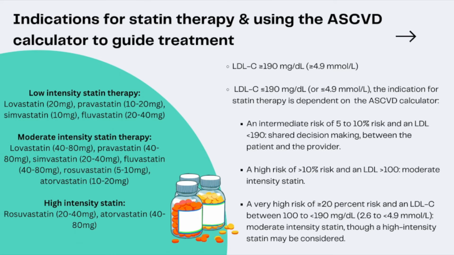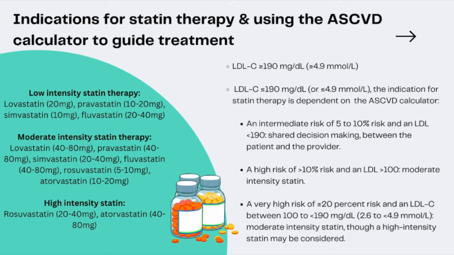So in addition to collecting that lipid panel, which we talked about, we also calculate our patient's risk for a cardiac event in the next 10 years, and that's using that ASCVD calculator. So ASCVD risk evaluations and discussions should begin at 20 years of age or at the first encounter with the healthcare system, whichever occurs first.